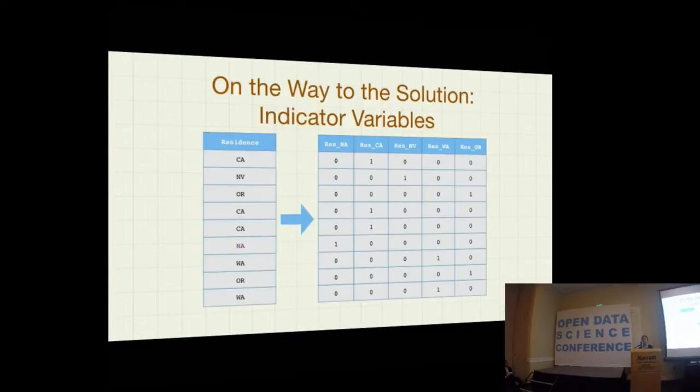So on the way to the solution, let's step back and look at how categorical variables are implemented under the covers in R and actually most machine learning systems. A categorical variable is generally shorthand for a set of several variables, one for every possible level of the category. That's 0 or 1. It's 1 when that category is that value, and 0 otherwise.